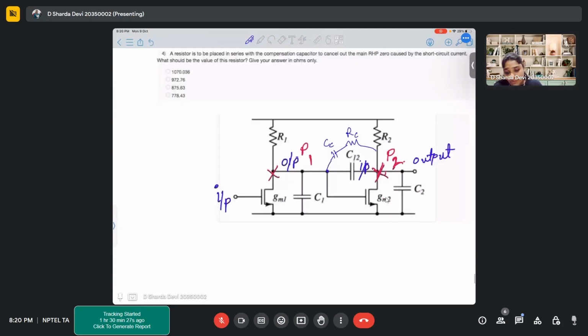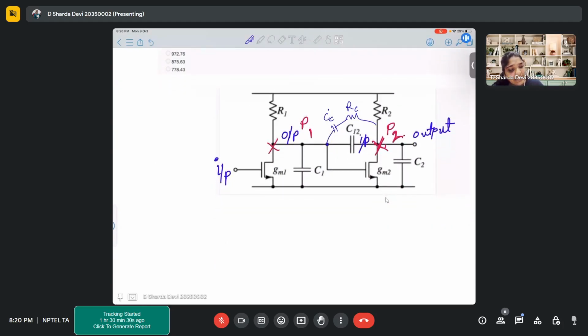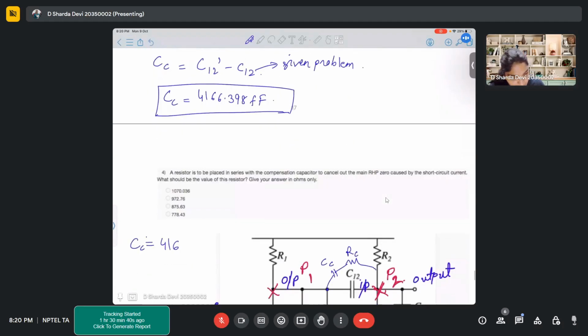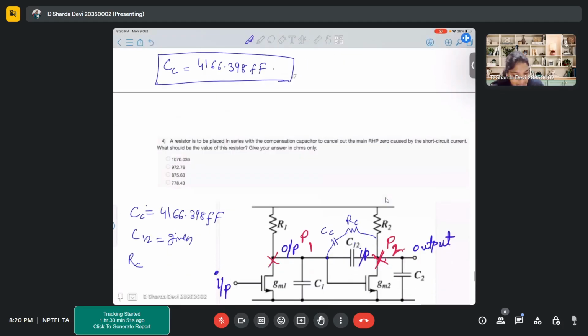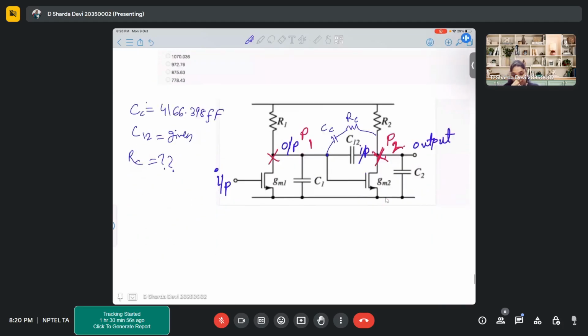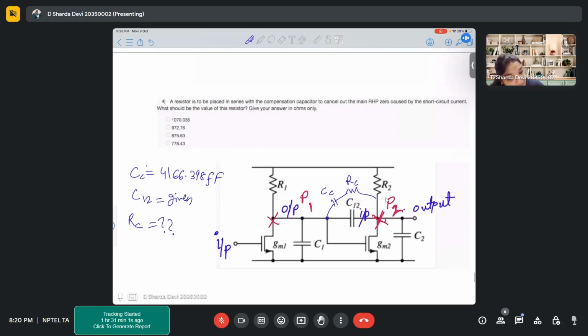Now what should be the value of this resistor? Here the capacitor value is already fixed. Your CC is fixed, it is 4166.398 femtofarad. C12 is given. Now what you have to find is RC. Again, you'll go through a similar formula. We are talking about zero compensation, to cancel out the zero.